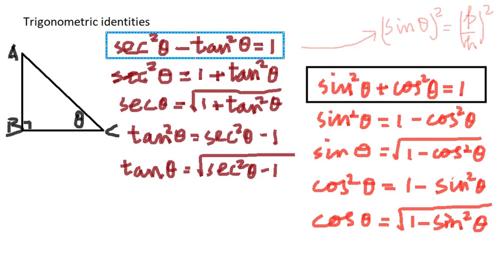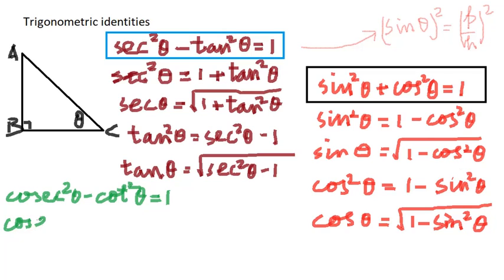We have one more set, and that also I'll be writing down over here for your reference, and that set is cosec squared theta minus cot squared theta is equal to 1. That is the basic one, and from this we can derive 4 more.